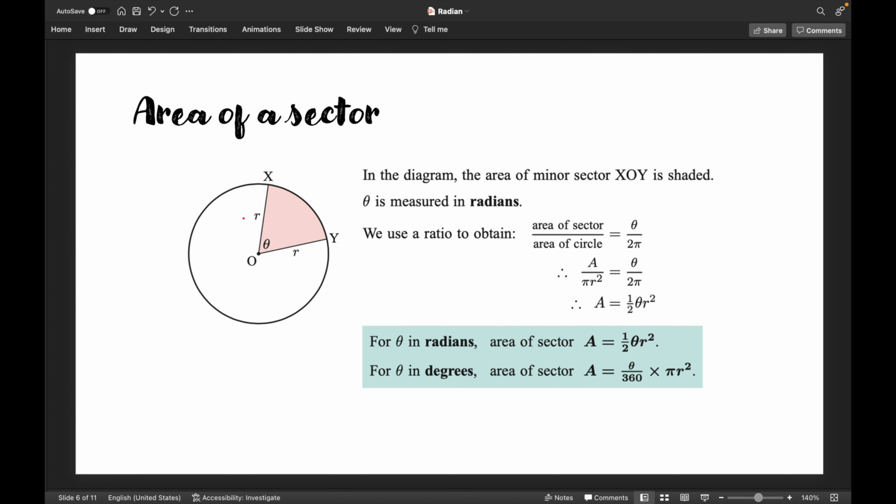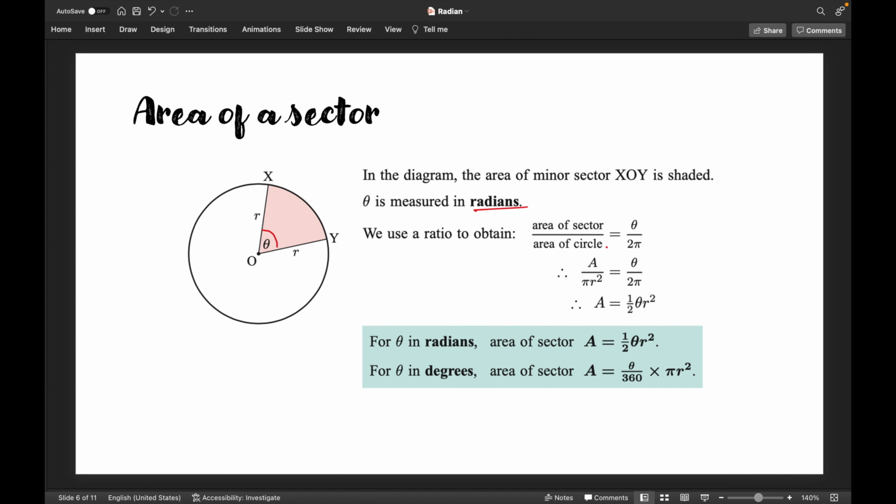Now let's move on to the area of the sector. In the diagram, the area of the minor sector XOY is shaded, and we know that the angle is measured in radians. Using a similar ratio, the area of the sector divided by the area of the circle is theta by 2 pi.